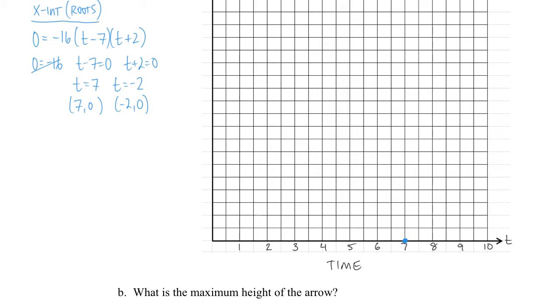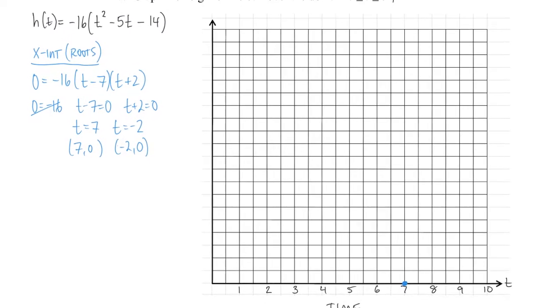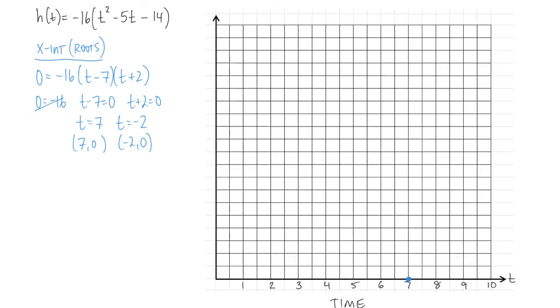Okay, so my axis of symmetry is going to be halfway between these two. And since I can't see the second one, the negative 2, I'm just going to use the formula here. So let me get my axis of symmetry. My axis of symmetry is x equals negative b over 2a, which in this case, always go back to the original. When you're trying to get b and a, go back to the original.